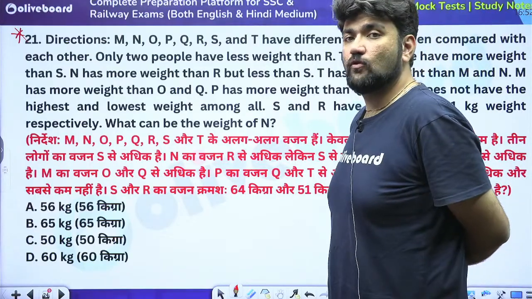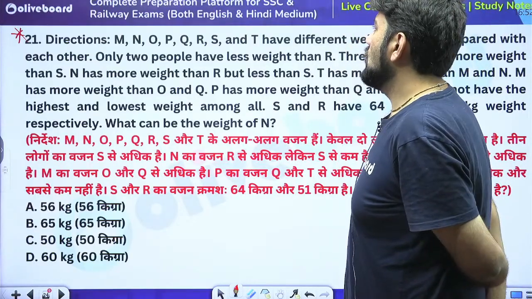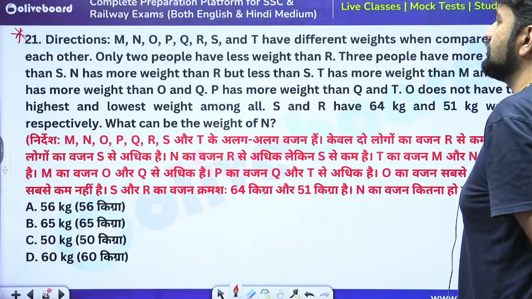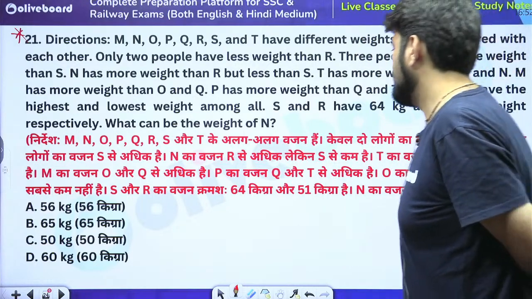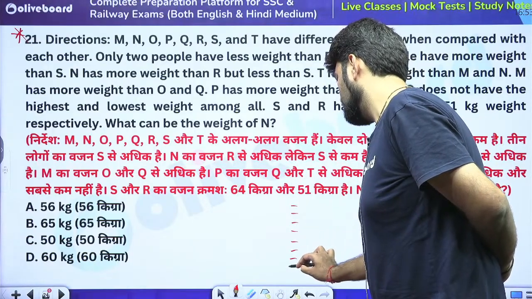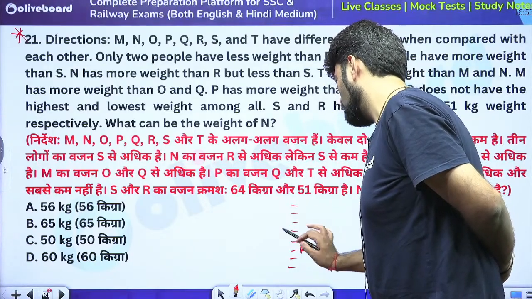How does reading beforehand help you? Okay. So we have 8 people who have different weights when compared with each other. Only 2 people have less weight than R. So we have 8 people here. Only 2 people have less weight than R. So R is definitely here.